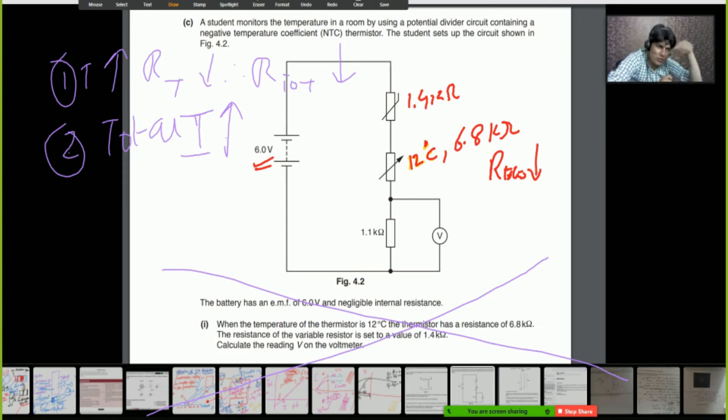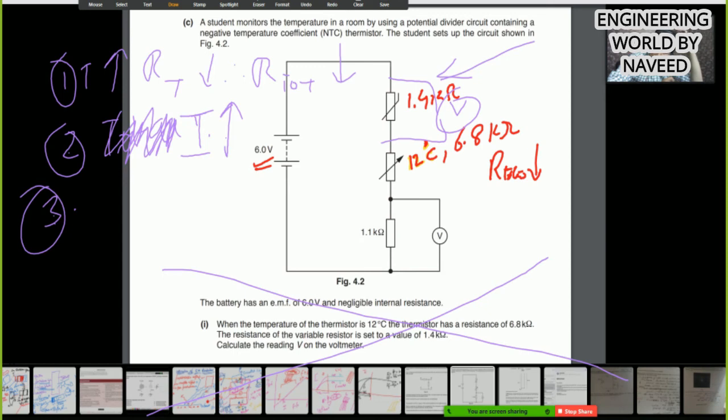So you can say R total, I total, current total. Yes, resistance total will get decreased and current will increase. So the voltmeter reading will get increased. Here the voltmeter reading will also increase.